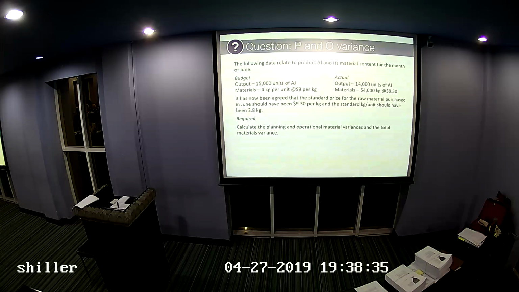Now, it has been agreed that the standard price of the raw material should have been $9.30, and the standard kilogram per unit should have been 3.8. Because they have changed, instead of 4 kilograms, it will be 3.8.